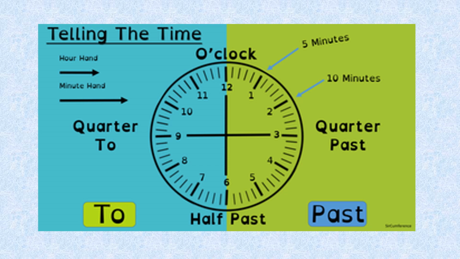When the minutes hand reaches number 6, it has moved half of its way. So, we can say half past or 30 minutes past. When it reaches number 9, we will say quarter to or 15 minutes to.